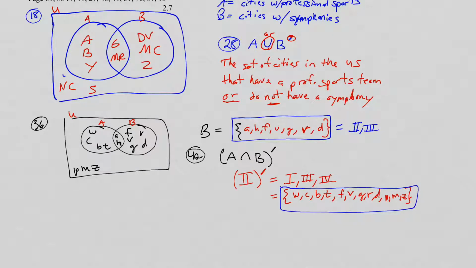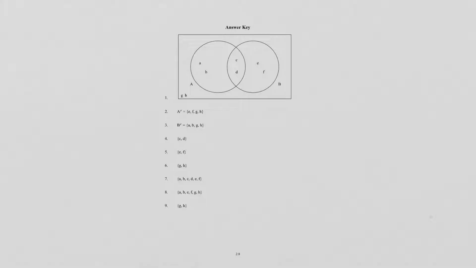Okay, so let's go ahead and go to number 60. Number 60. Okay, so first of all, the setup we have: 1 through 8, natural numbers.